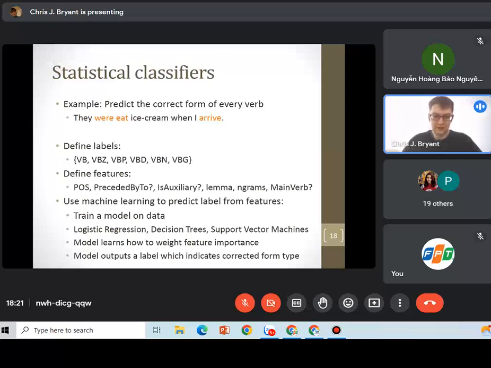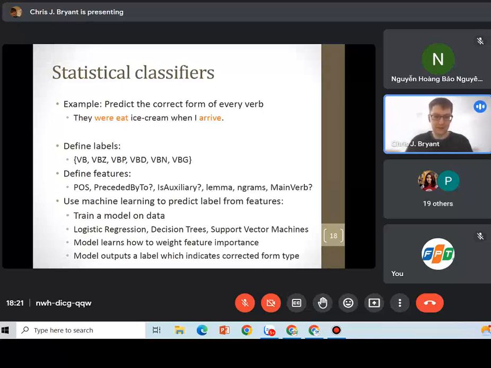And then once you've defined this information, you can train a machine learning model to predict the weights of each feature. There are lots of different types of model you can choose from. I've just listed a few here: logistic regression, decision trees, support vector machines. But effectively, all of them will learn for a given verb in a sentence which information that we have given it is most important.